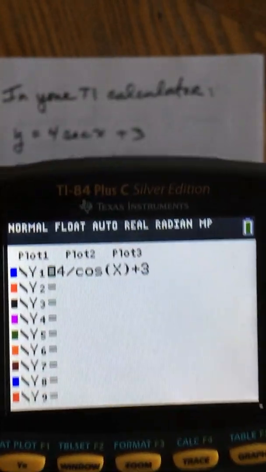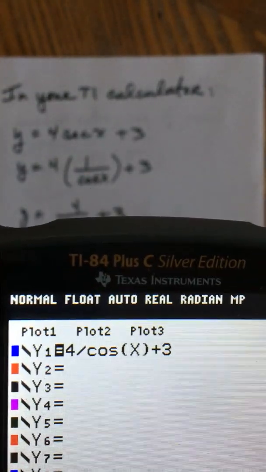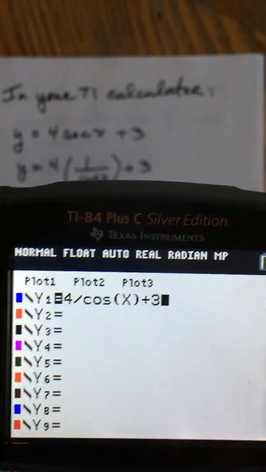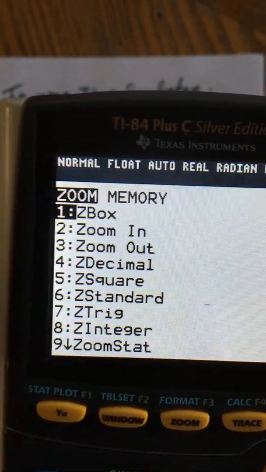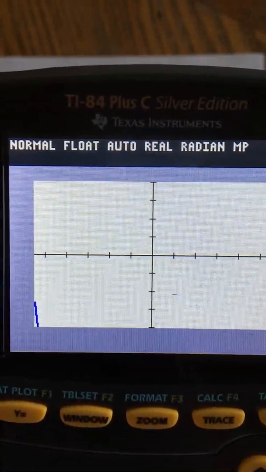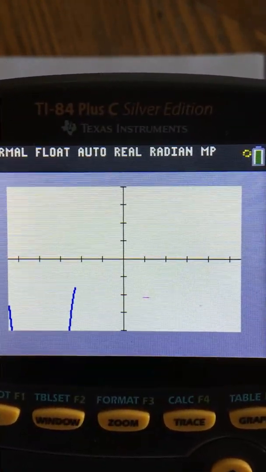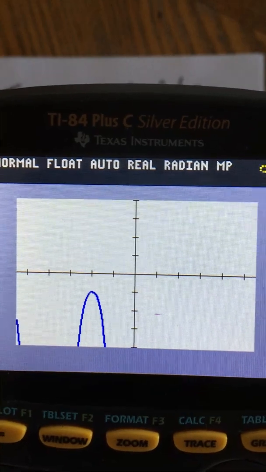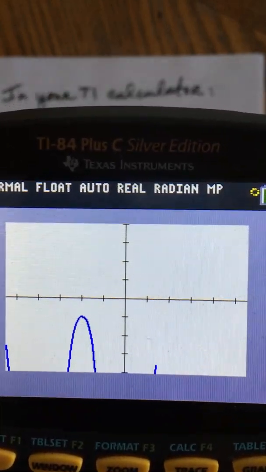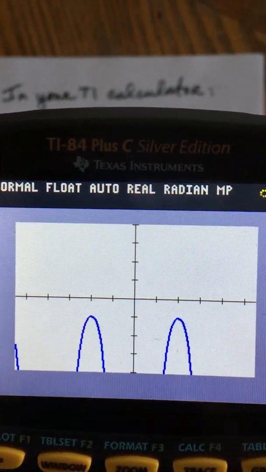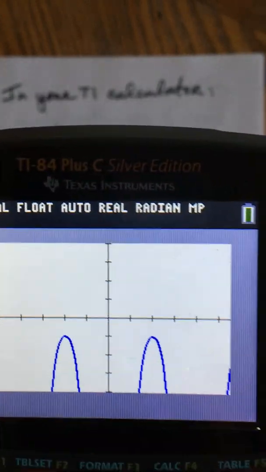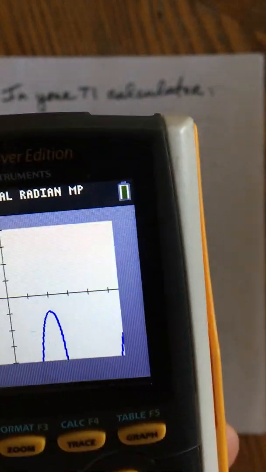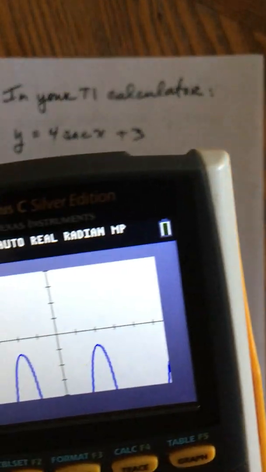So there we are. Now, if I just do, for example, zoom 7, which is zoom trig, let's just see what the calculator does. Takes it a little while to do its thing. So what's happening, if we look at what I had, let's go back and get that.